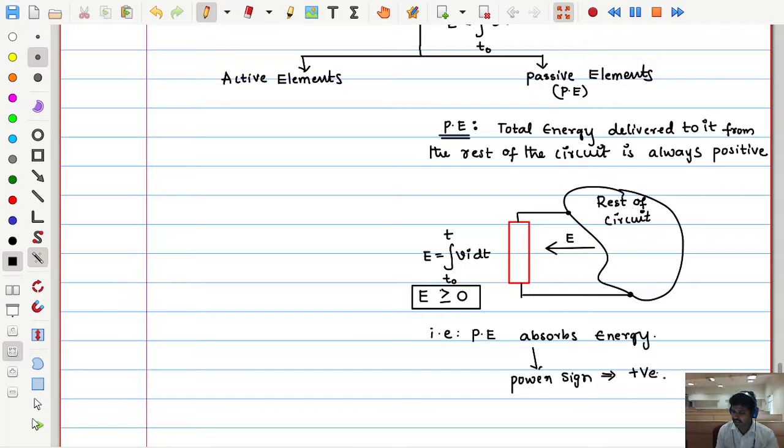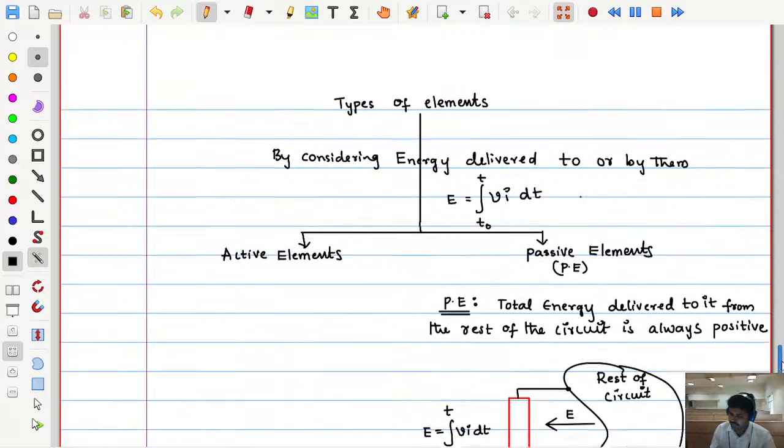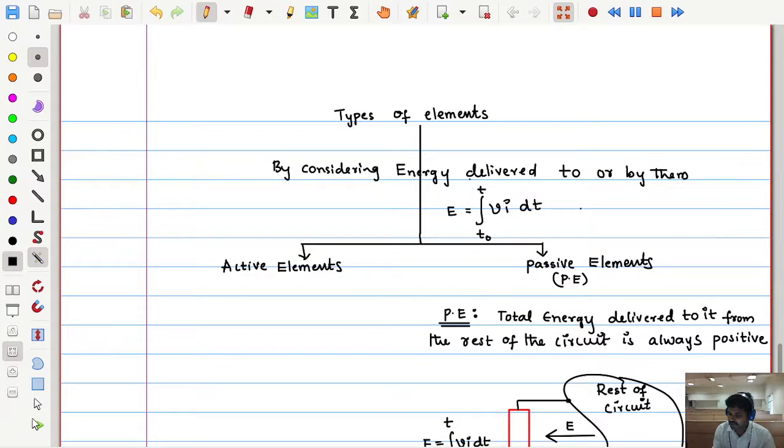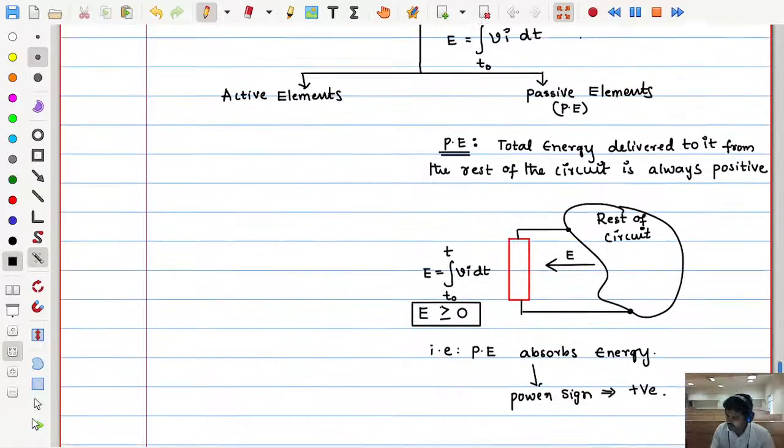This is the generalized basic idea of how we classify the elements, by considering whether energy is delivered to it or by them. Now see that energy is not delivered by this element, it is delivered to it, from the rest of the circuit. That means the one capable of absorbing the energy we call passive, and the one capable of supplying the energy we call active.